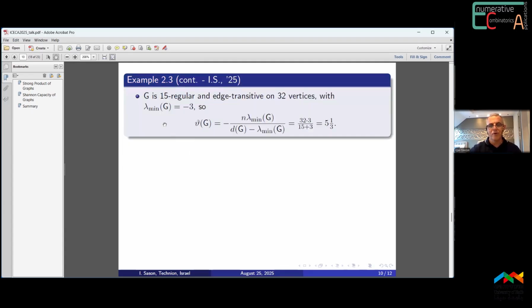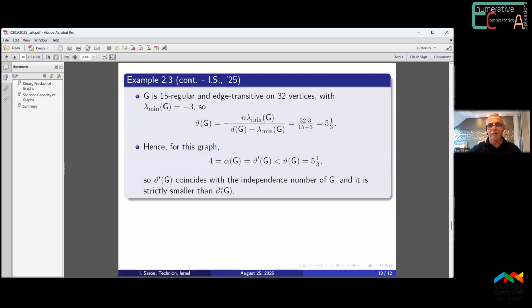So on the other hand, since G is 15 regular and H transitive, and it can be shown that the smallest adjacency eigenvalue of the graph is -3, then the Lovász theta function is 5 and 1/3. This is the expression of the Lovász theta function when the graph is regular and H transitive.